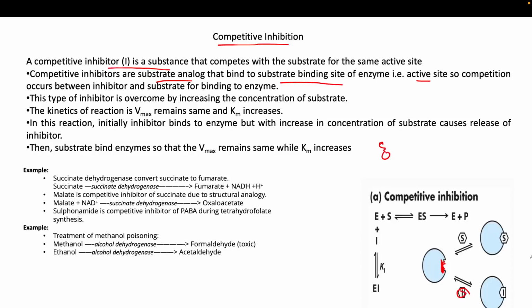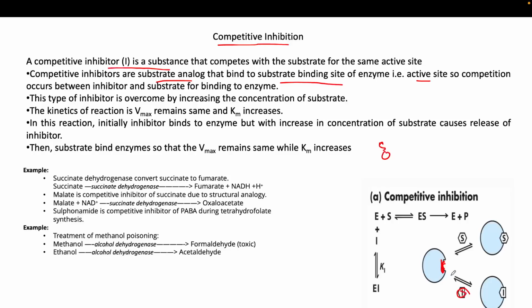In some of the enzymes the substrate will bind, and in some of the enzymes the inhibitor will bind. There are two probabilities, either the substrate can bind or the inhibitor can bind, so the probability of binding for these two is 50-50, right?